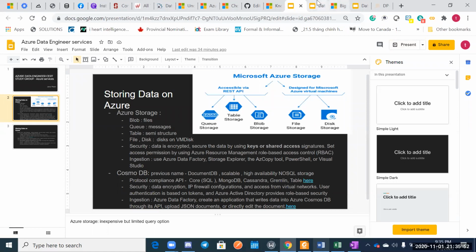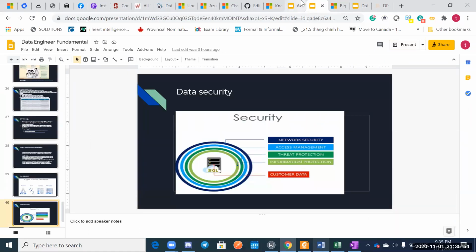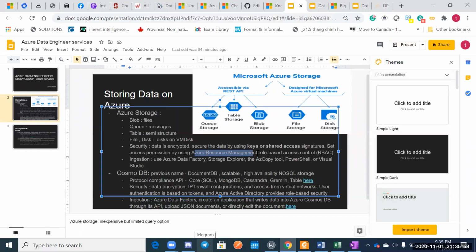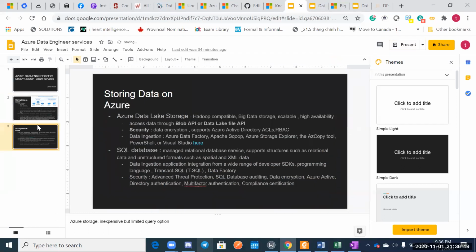Let me go back to this slide. For access management, we have Azure Resource Management, where we allow role-based access control to the data. And you will see these services available over and over again through different storage. You have here Azure Resource Management, RBAC.